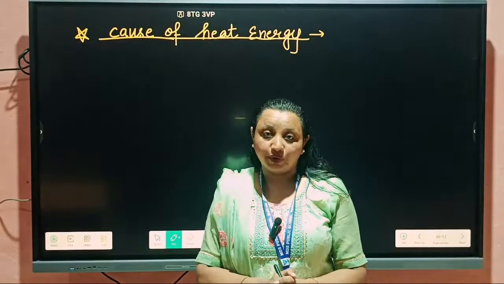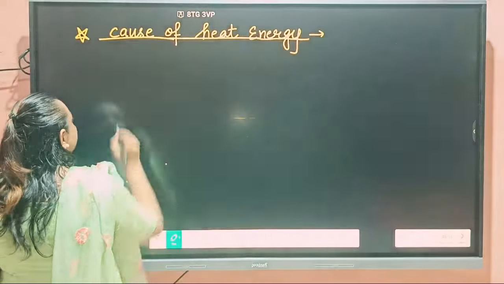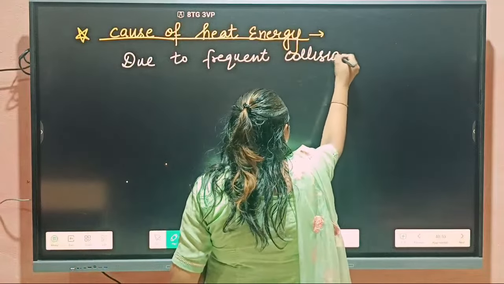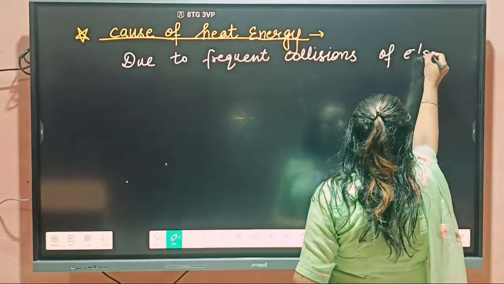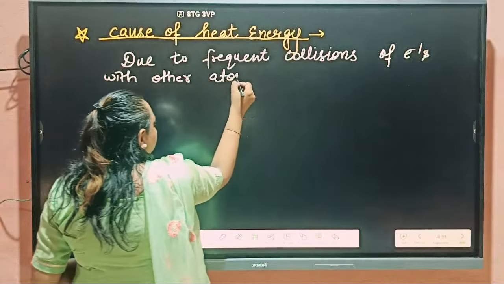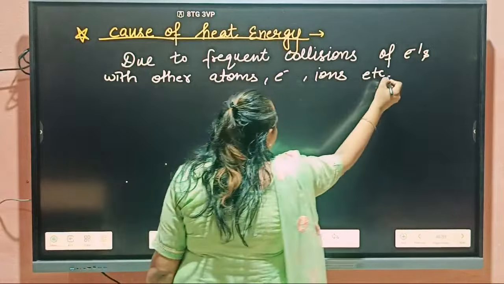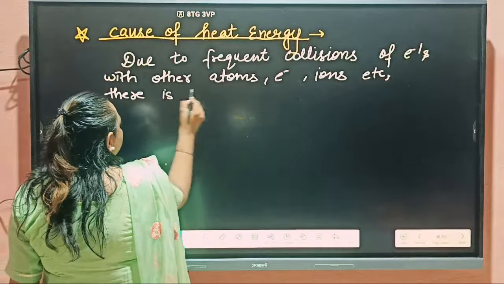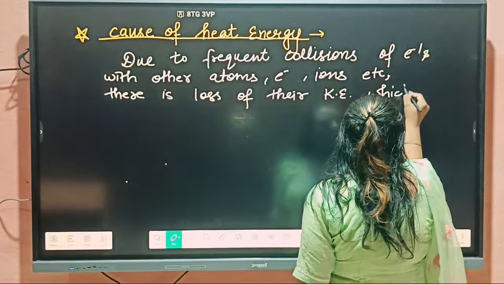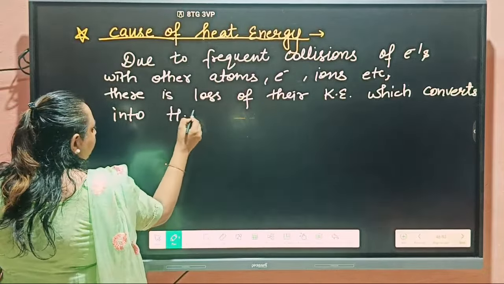How or why can heat energy be produced? Due to the frequent collisions of electrons with other atoms, electrons, ions, there is loss of their kinetic energy, which converts into heat energy, right?